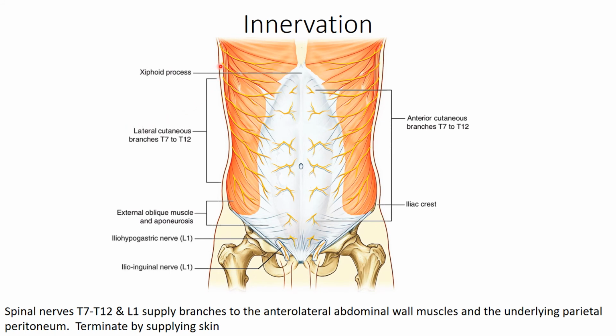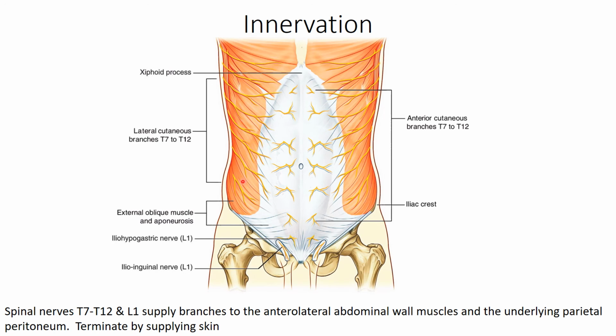Now the lower sixth thoracic nerve passes from this intercostal space to the abdominal interface by running between this neurovascular space between the internal oblique and transversus abdominis, and before that it gives this lateral cutaneous branch, which also supplies the external oblique muscle, and as it passes between this interface of internal oblique and transversus abdominis, it supplies both the muscles, and as it pierces through the rectus abdominis, it supplies it.